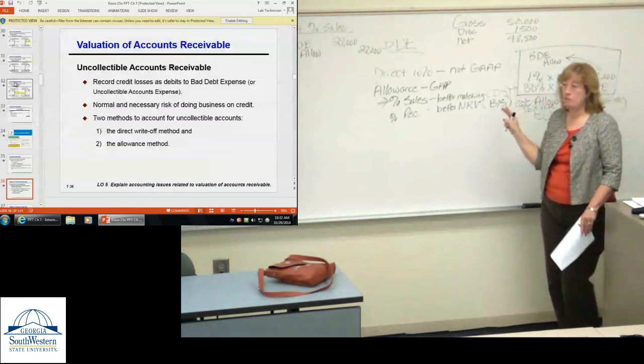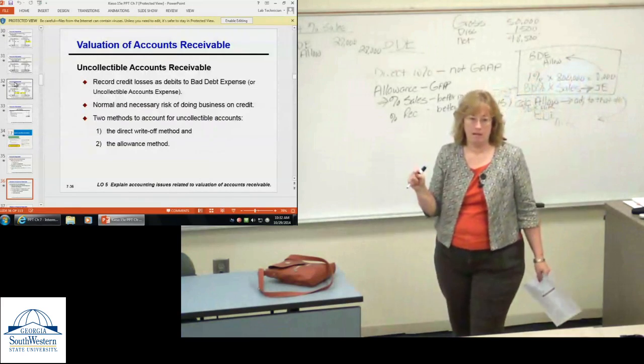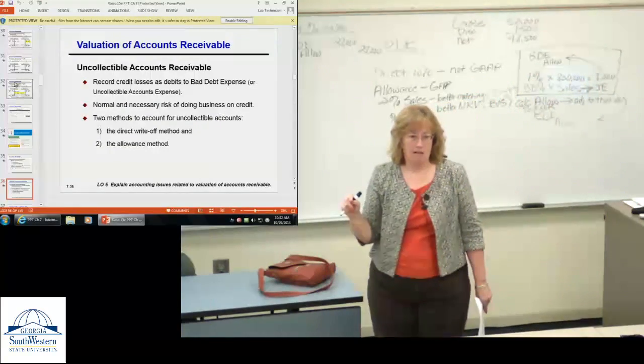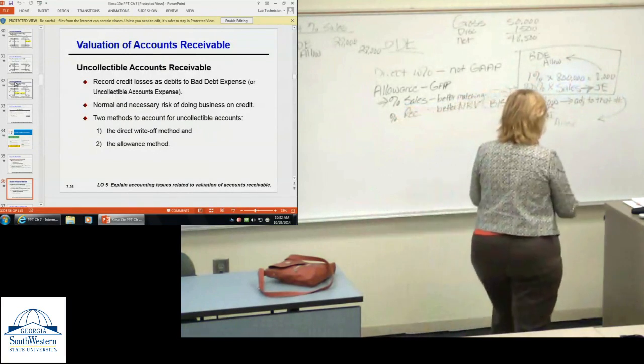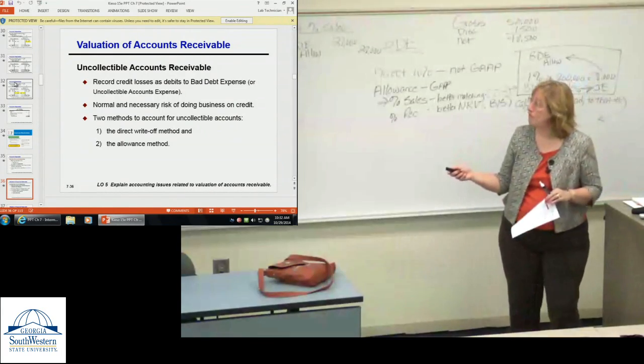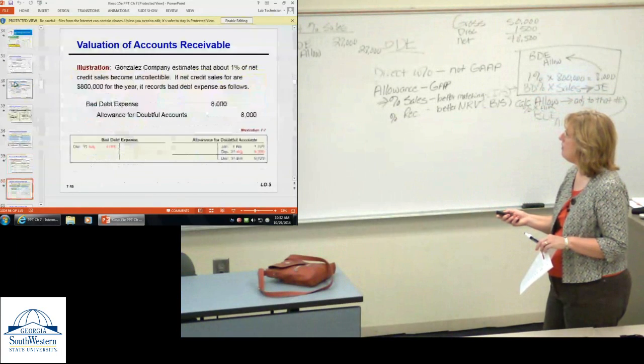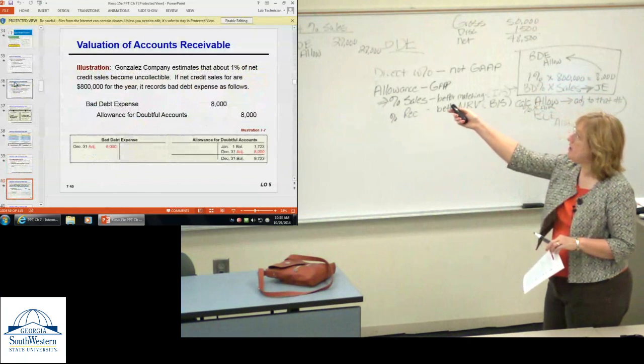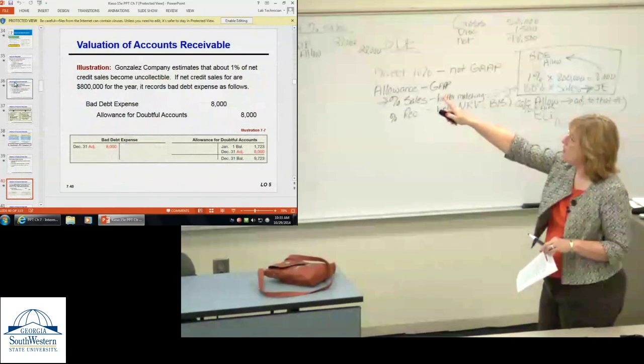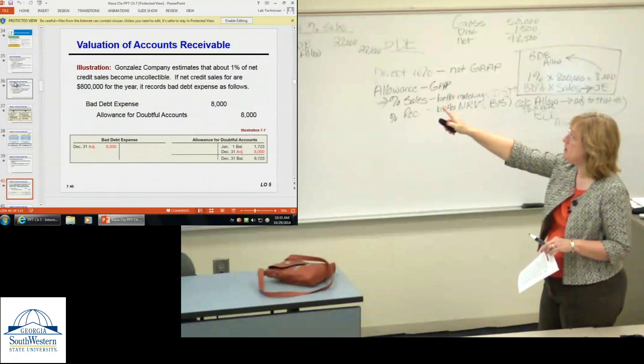These are done 2 different ways, right? So when it's for net of sales, you don't subtract or add out the difference? Here's our example. 1% of credit sales becomes uncollectible.